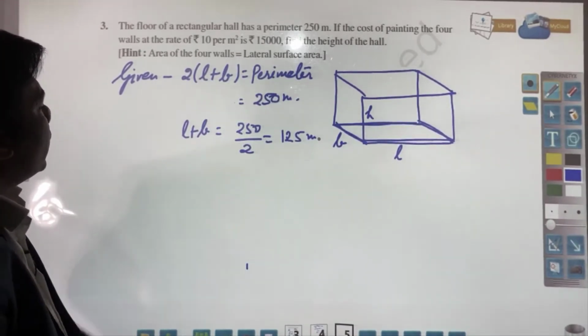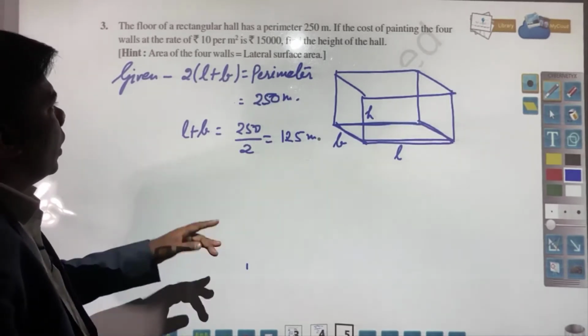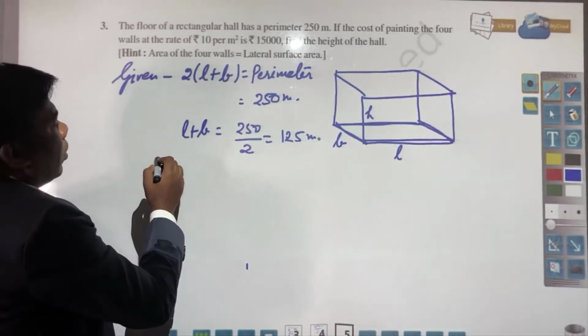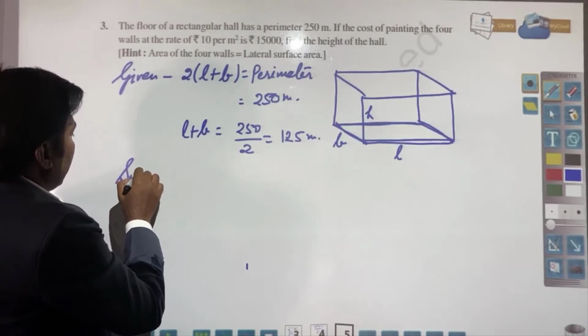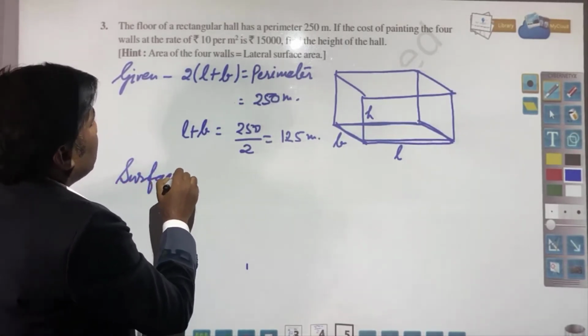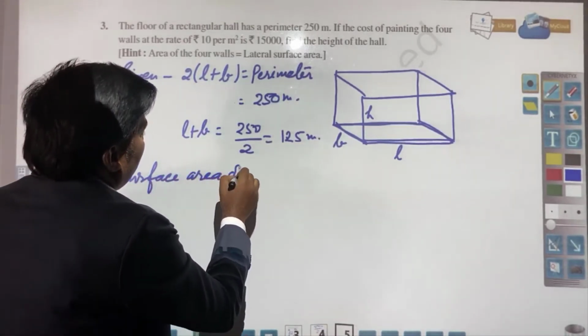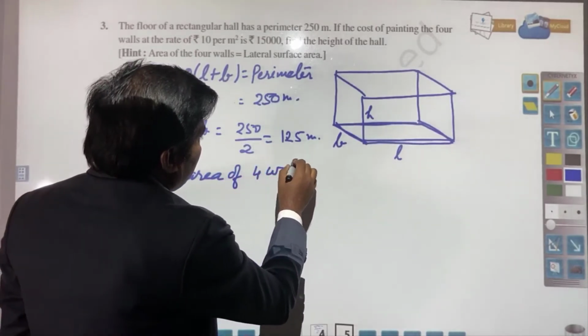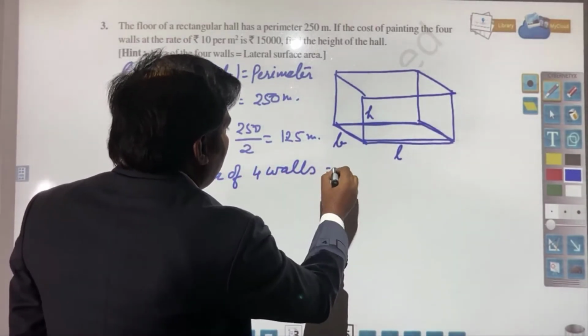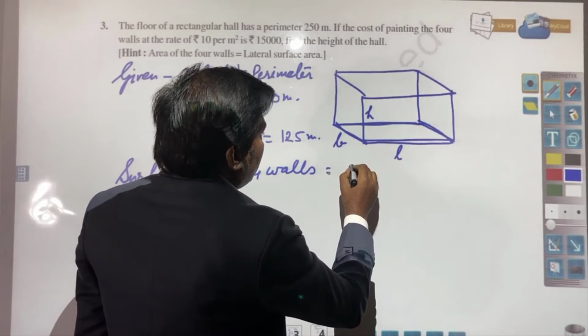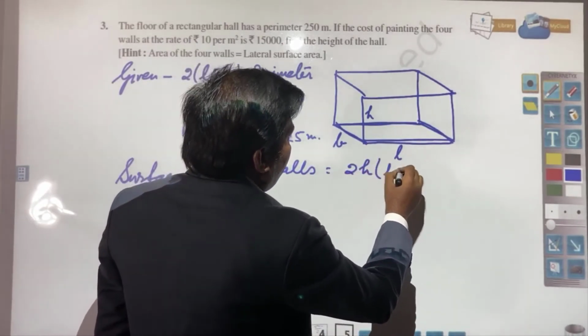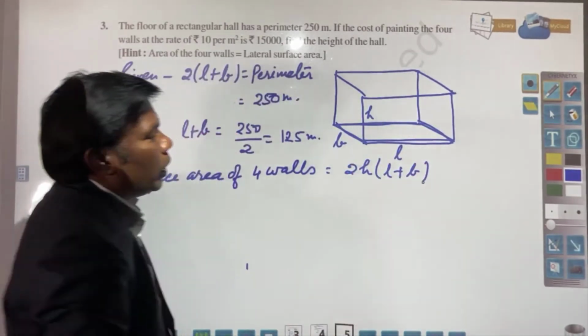So here you see, the surface area of 4 walls, as we know the formula, is what? 2H (L plus B).